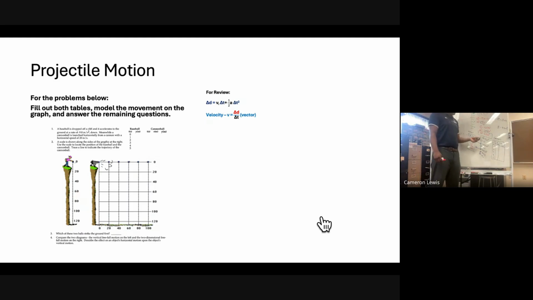With our Y, how can we describe the motion of the cannonball vertically with this same equation? Am I changing anything? So essentially, what should I get when my t is 0? 0.